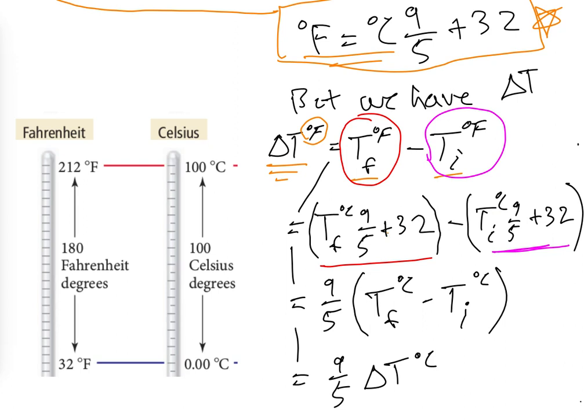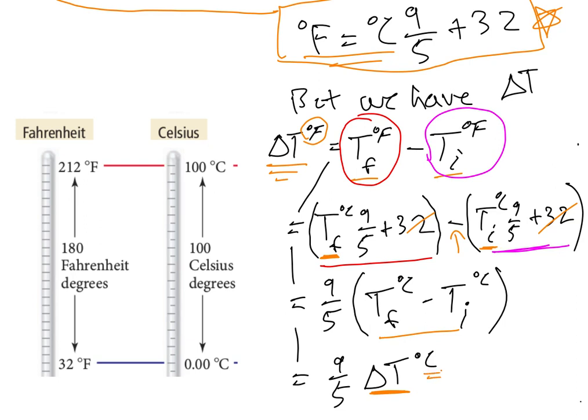So notice we have a plus 32 here, but then we also have a minus 32 over here. So the 32s are actually going to cancel out, and we can factor out the 9/5, and what we're going to be left with then is the final temperature in degrees Celsius minus the initial temperature in degrees Celsius, which of course can be more compactly represented as just a delta T in units of degrees Celsius.